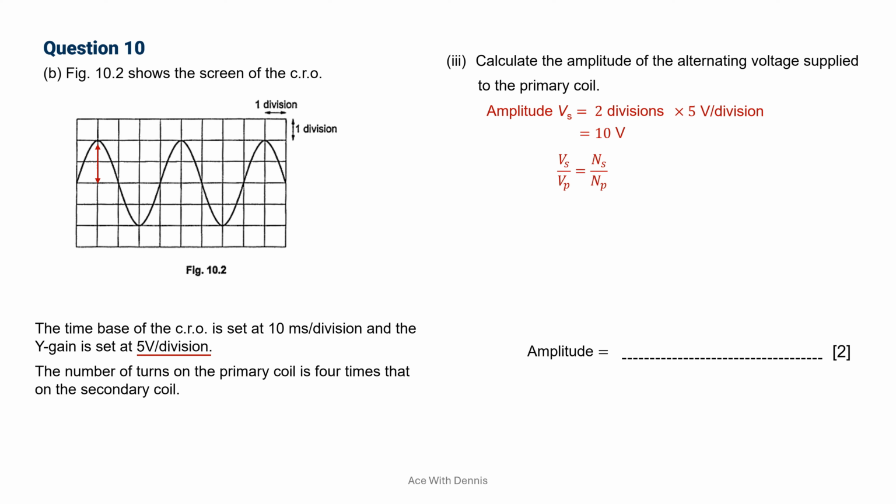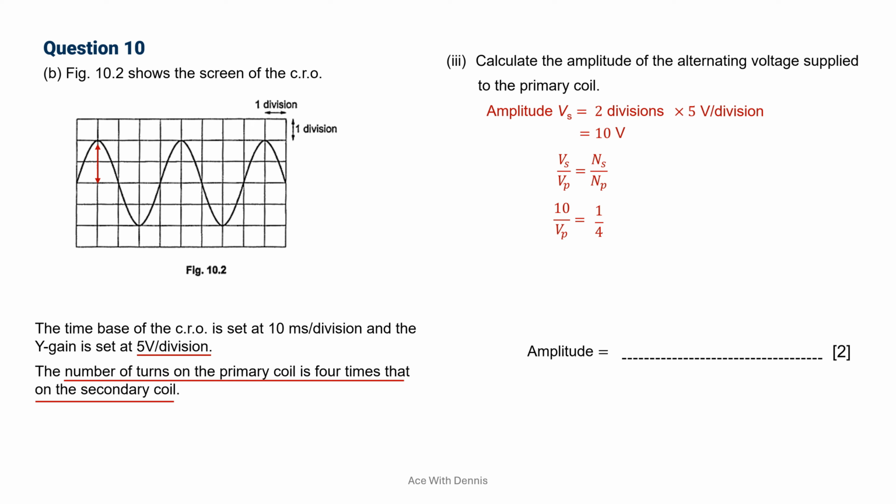We need to find Vp. So we use the formula of the transformer, Vs over Vp equals Ns over Np, to calculate Vp. Okay, so we substitute the value of Vs as 10 over Vp, which is the quantity that we need to find. Next, Ns over Np, given that the number of turns on the primary coil is 4 times that on the secondary coil, which means that the ratio Ns over Np will be 1 over 4.